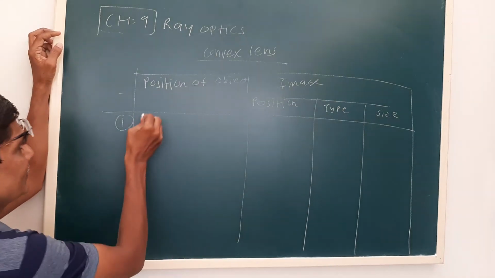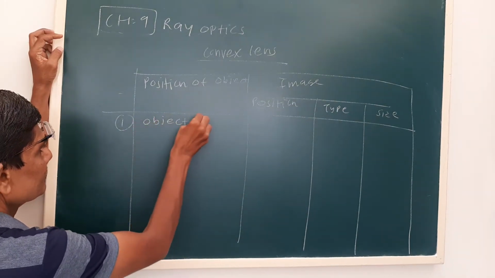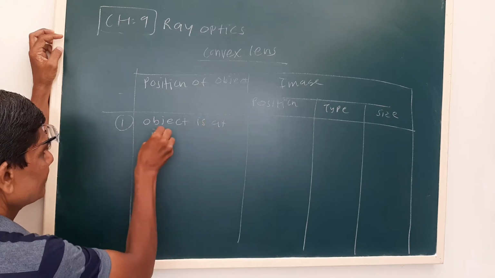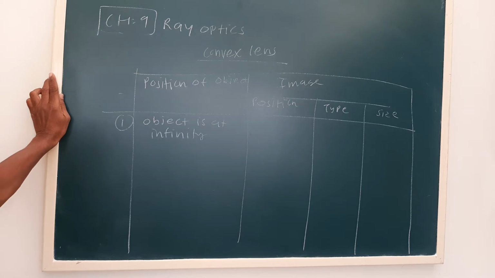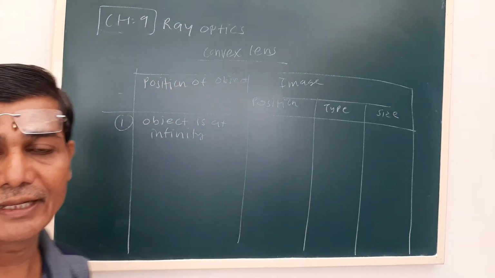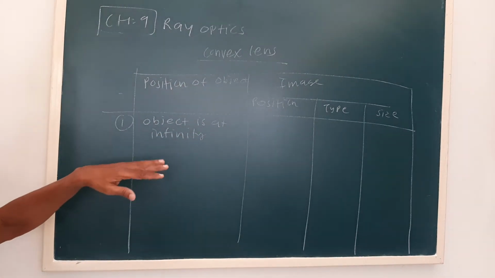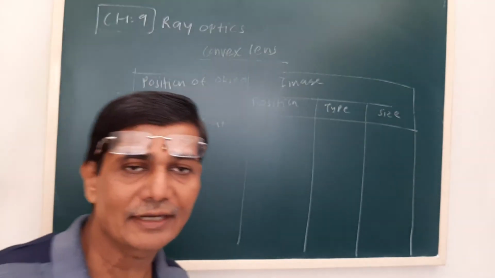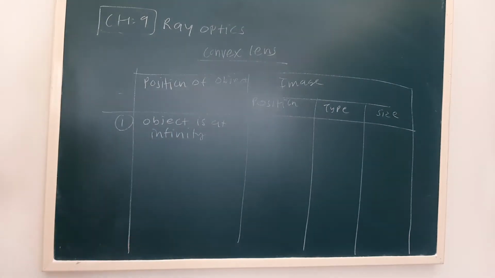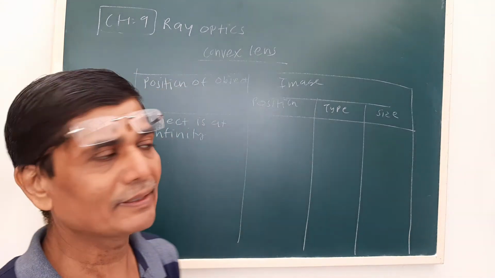First, if the object is at infinity. As I told you, the convex lens is a converging lens. The rays come from a very large distance, here the object is at infinity, so we consider them parallel to the principal axis.